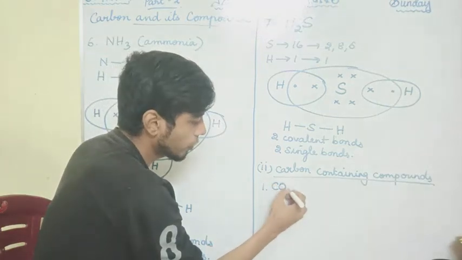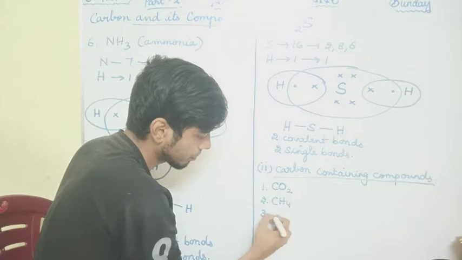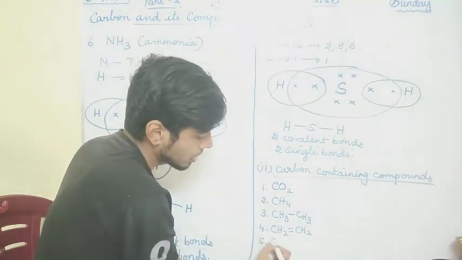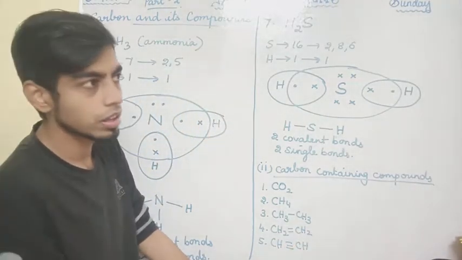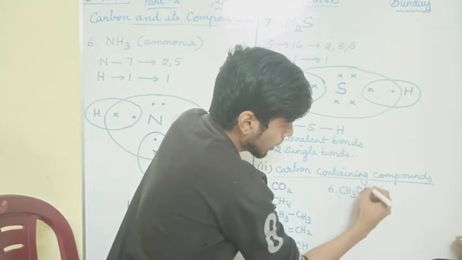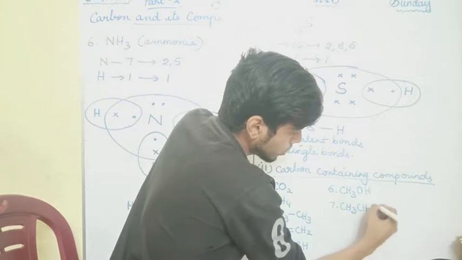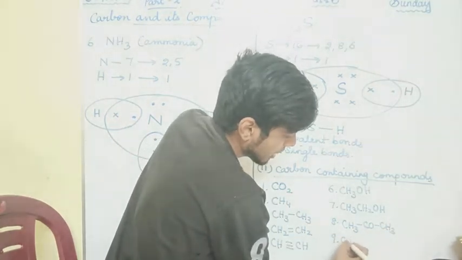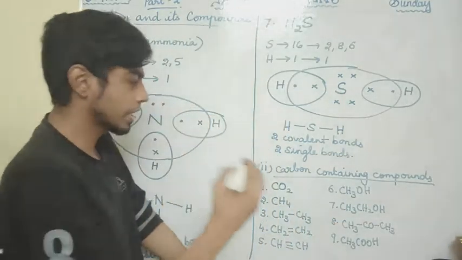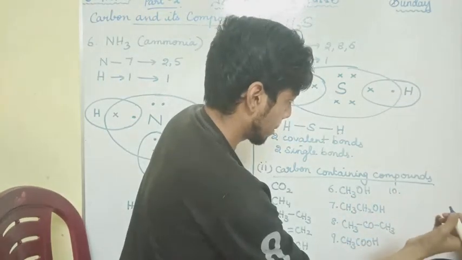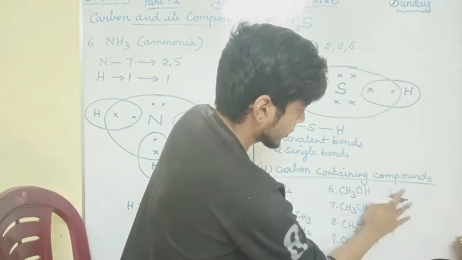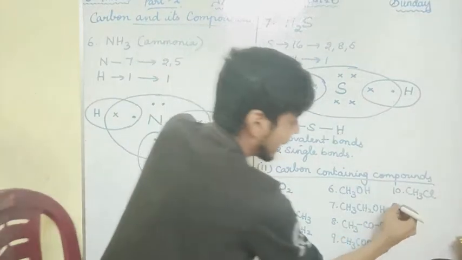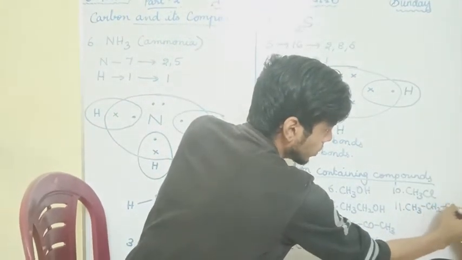Okay. So first one we have to learn for carbon dioxide, methane, CH3 single bond CH3, CH2 double bond CH2, CH triple bond CH, okay, and then CH3OH, CH3CH2OH, CH3COCH3, CH3COOH, okay, and you have to draw for CH3Cl, okay, for the 10 compound, and we have to draw for CH3CH2CH3.